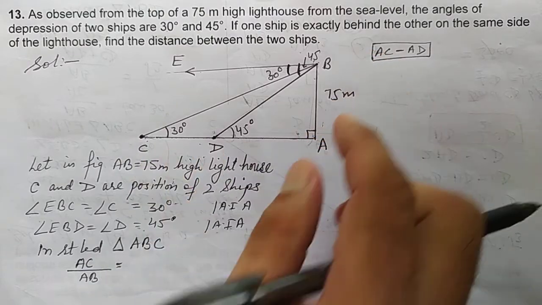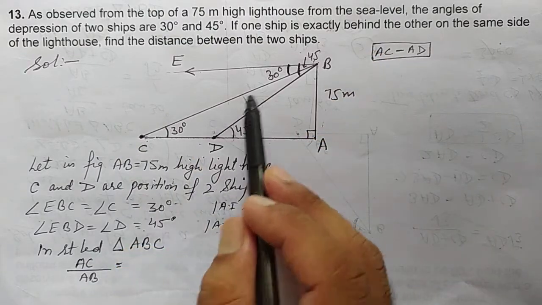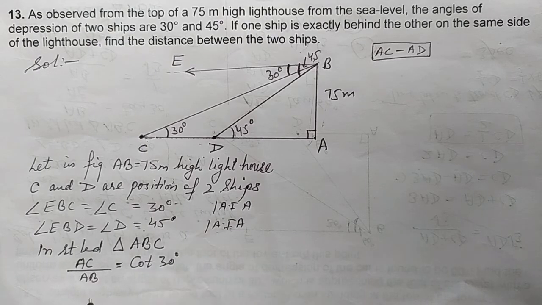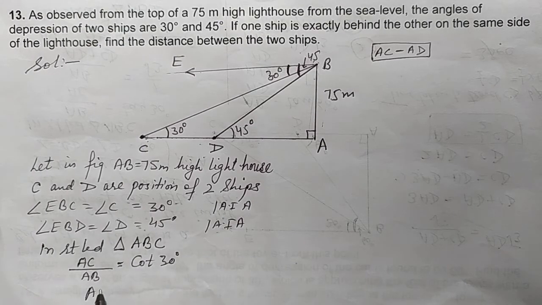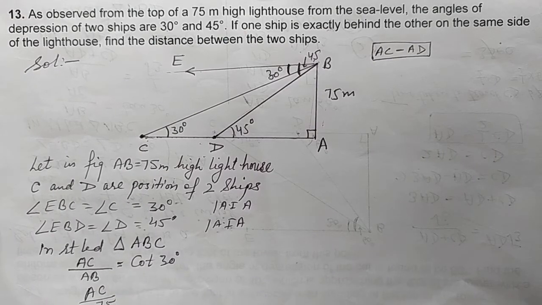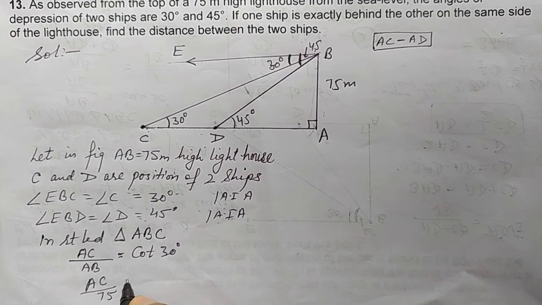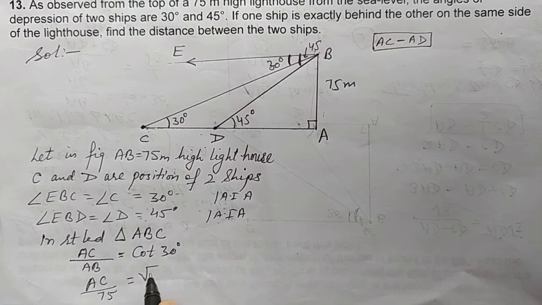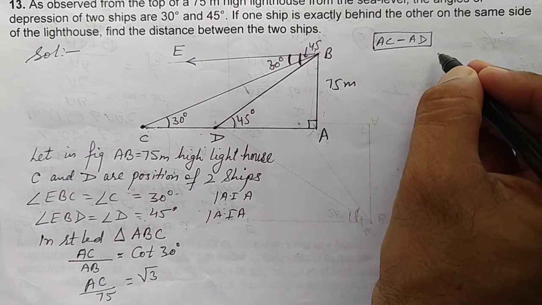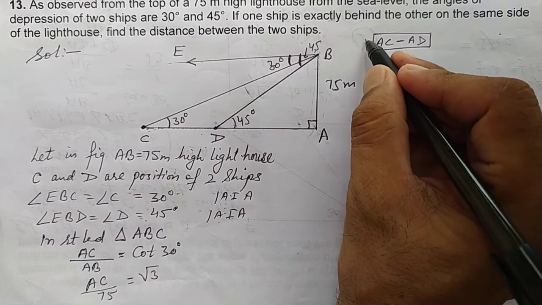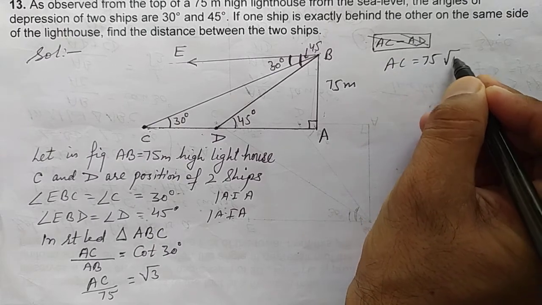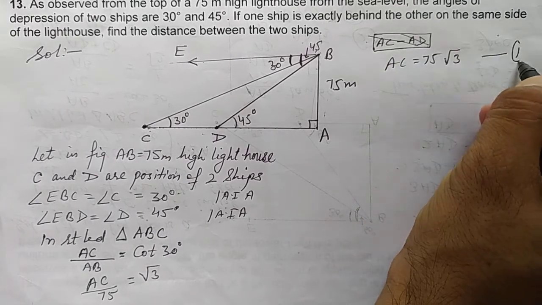So AC over AB is equal to base over perpendicular, that is cot of the angle 30 degree. Now AB is here 75, right? So it is equal to cot 30, which is root 3. Okay. So from here AC is equal to 75 root 3. This is suppose equation number 1.